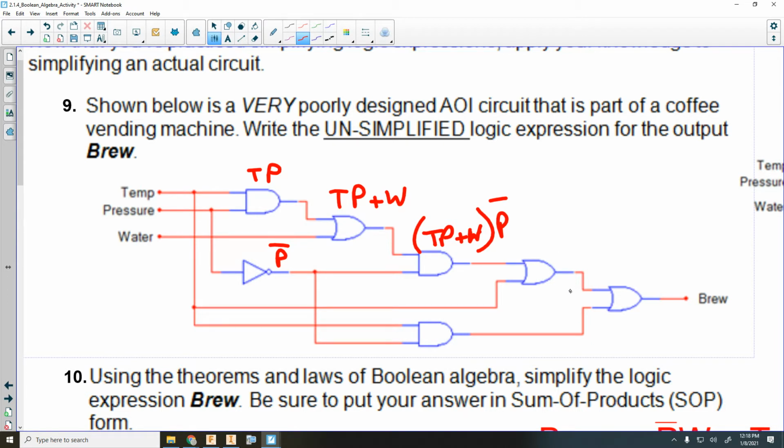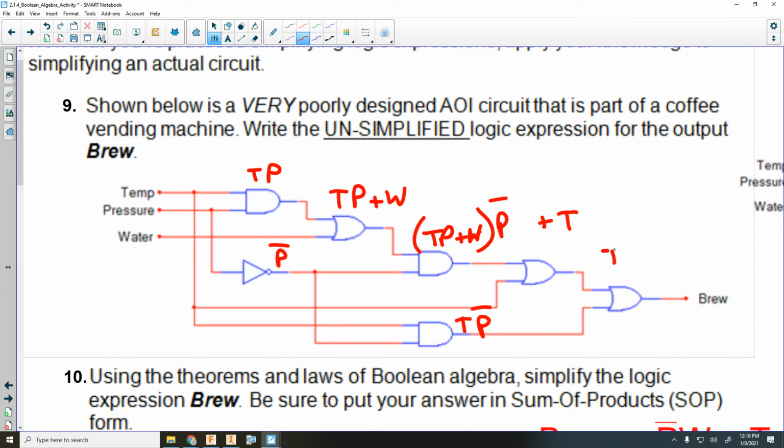Okay, and then I guess the next gate, that whole thing is ORed with what? That's temperature. ORed with temperature, or T. And then what do I have down here? I have an AND gate. That's what? TP naught. TP naught. So then that is ORed with this whole thing here. So I guess my final output would be what?